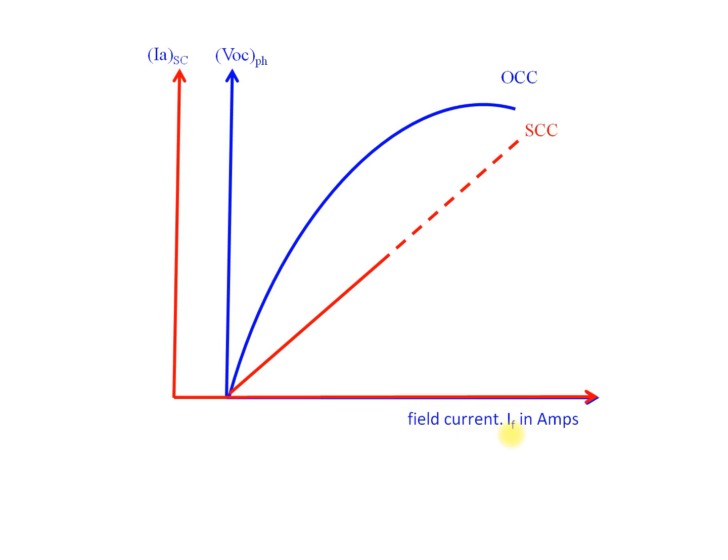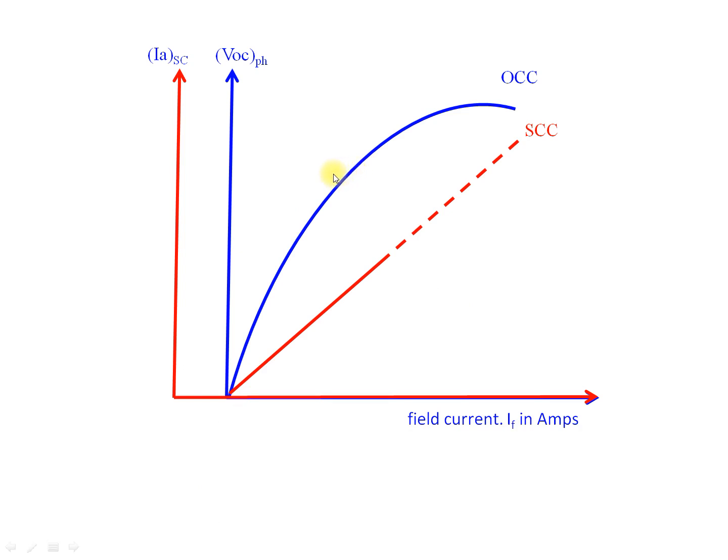That is, if the field current is increased, then the open circuit voltage increases, but only up to some saturation point, after which the machine gets saturated.